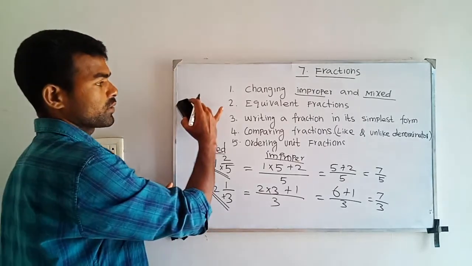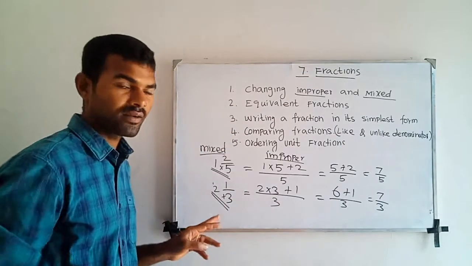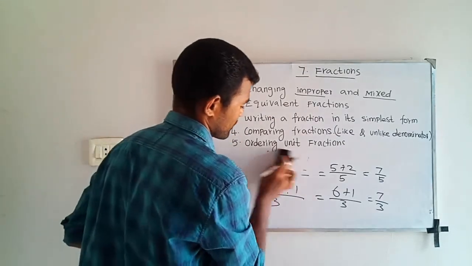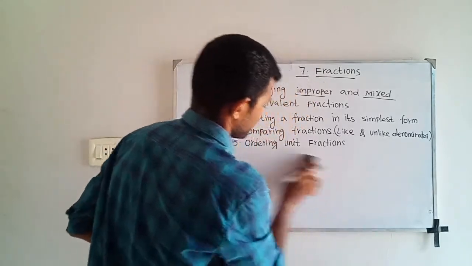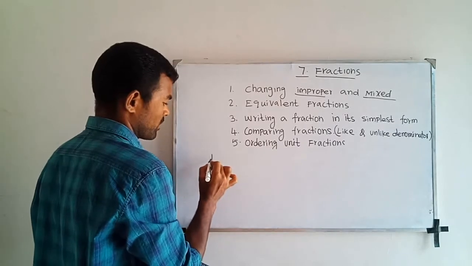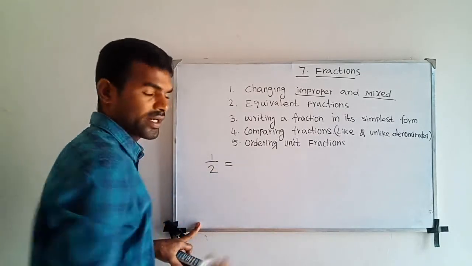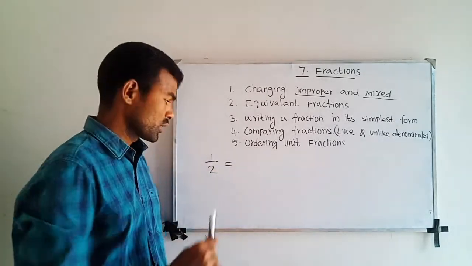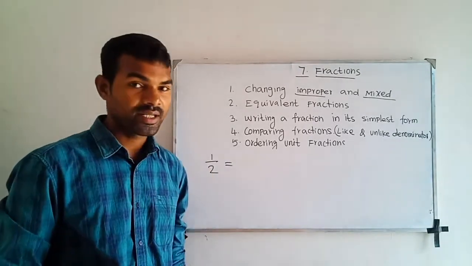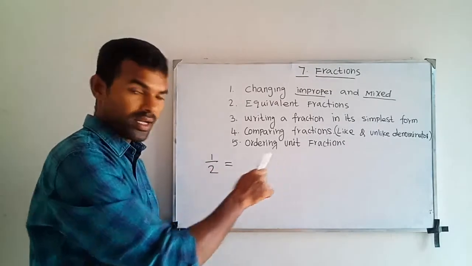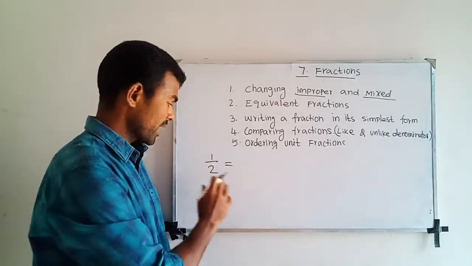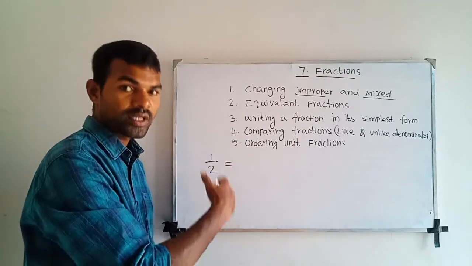Now let us go to the second concept, equivalent fractions. See the number, the equivalent fraction of 1 by 2. What are equivalent fractions? Equivalent to 1 by 2 means, you know the tables we have studied, no? This is the 1 table, 1, 2, 3, 4, and this is the 2 table, 2, 4, 6, 8.